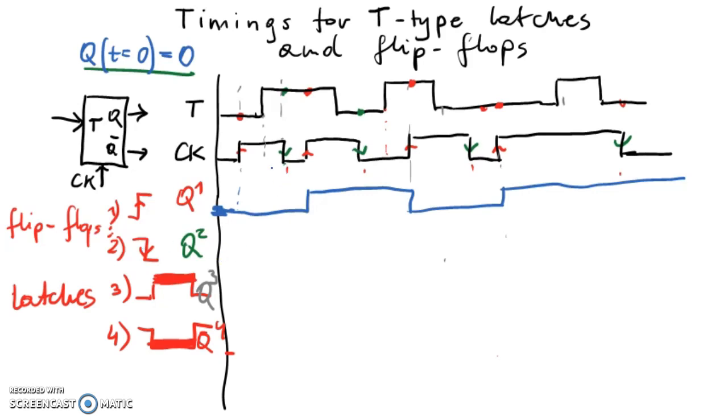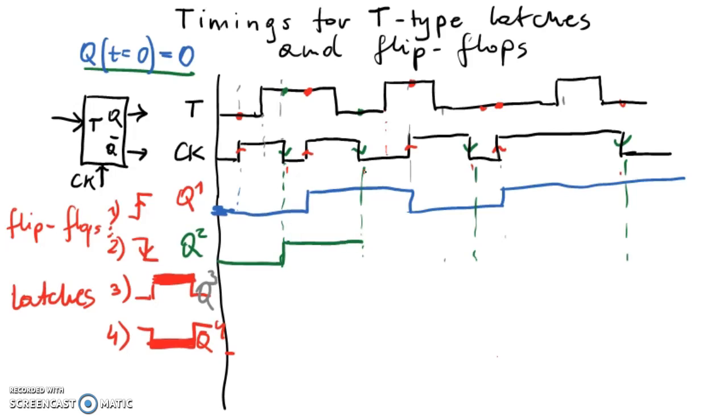Falling edge, you should stop at the green edges, which are falling edges, here, here, here, and here, and you do the same as before. Start with 0, stop at the first edge. Look at T, T is 1, so it toggles its state.